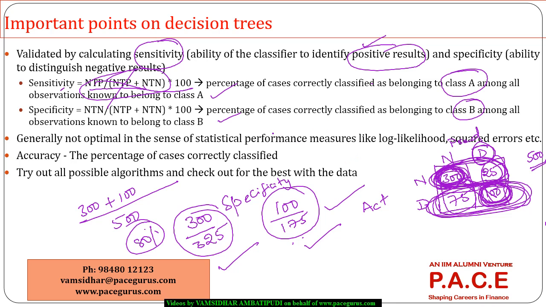These are not statistical performance measures like log likelihood, mean squared errors, etc. This is purely the classification and misclassification rates. All the possible algorithms will be typically tried out and we check which one best fits the data, and whichever fits best we would use for prediction as well. But of course we have to be cautious about the overfitting that might be very much possible in the process.